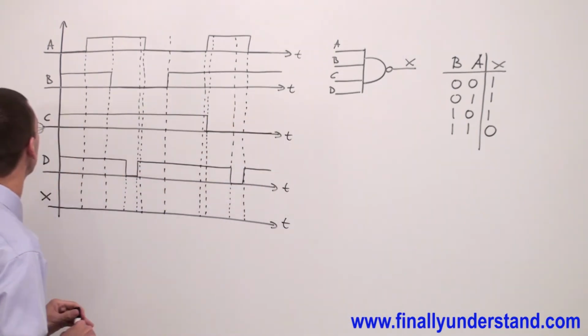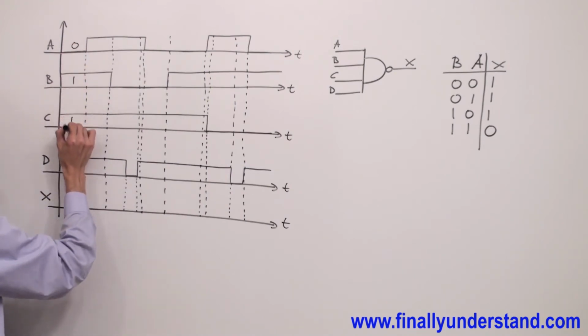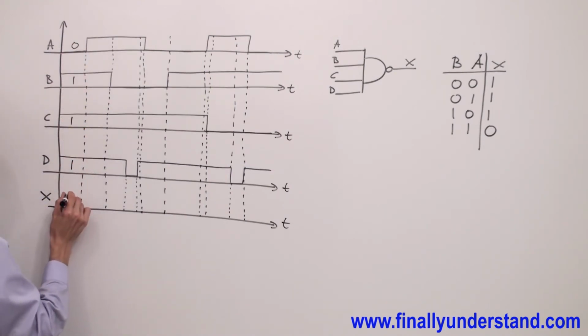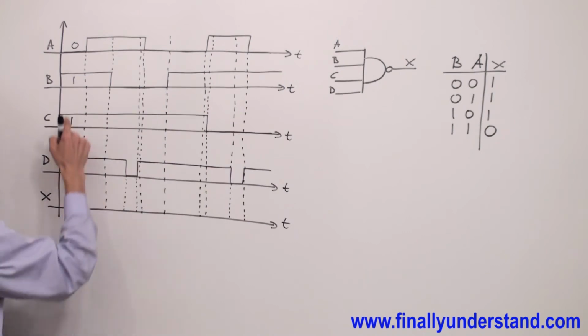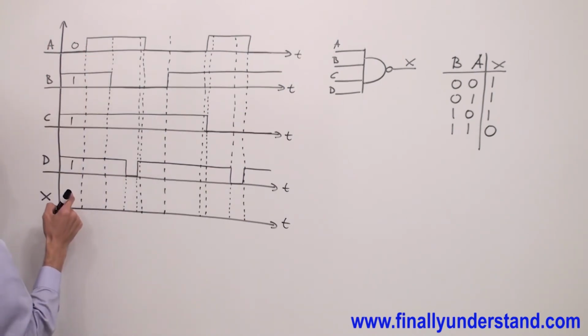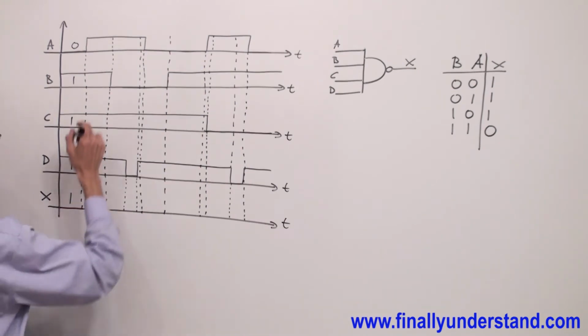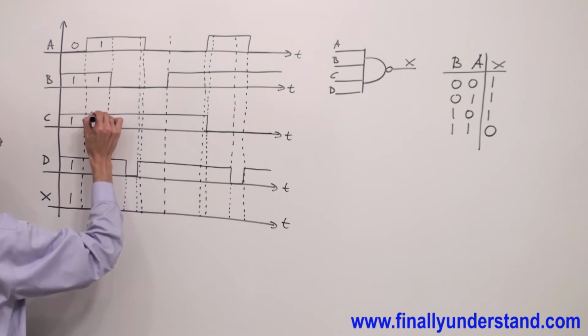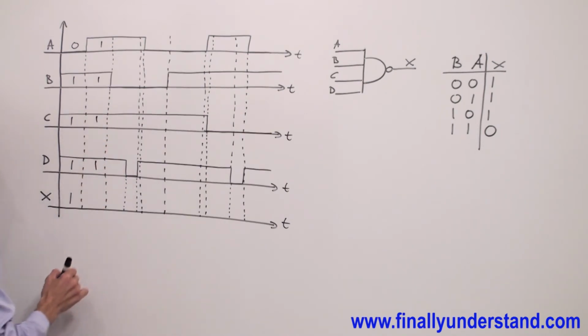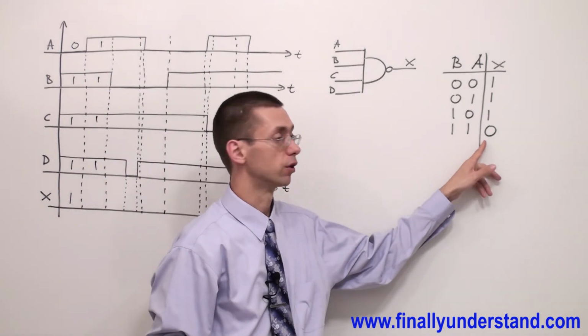So let's take a look at what we have over here. We have 0, 1, 1, 1. This is automatically high according to the table because we have got a 0. At least one 0 at the input gives me high at the output. We have high, high, high, high. When I have all inputs high, the output becomes 0.